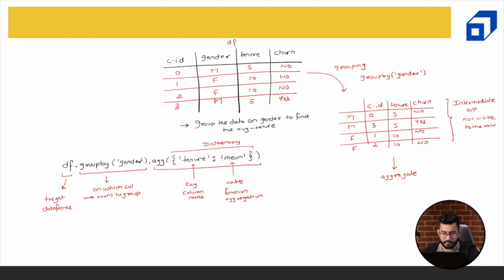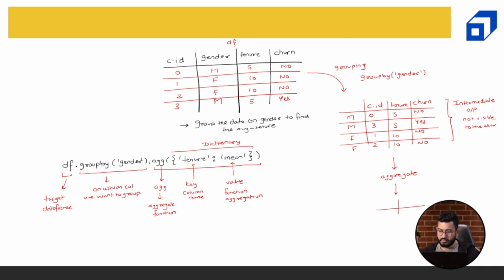And this particular dictionary is a part of the aggregate function. So AGG is my aggregate function, right? So what will happen in the aggregation stage?